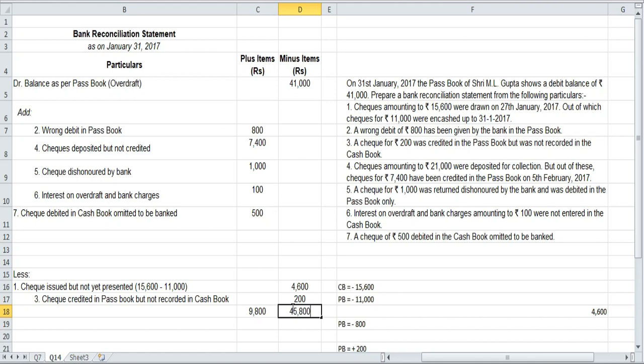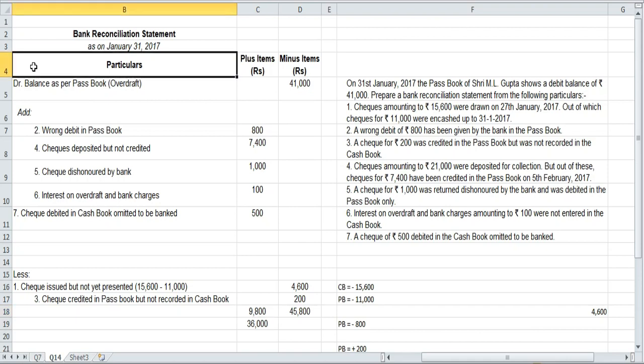Now if you minus 45800 minus 9800, it is coming to 36,000. Okay.